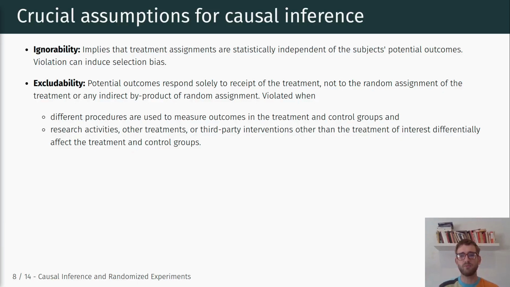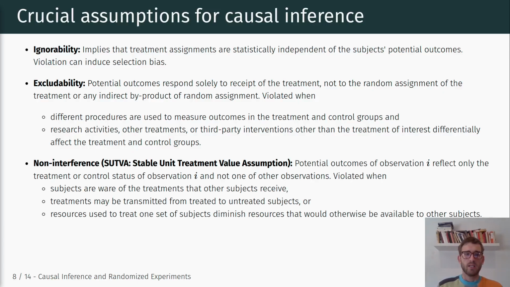Okay, so for example, if we have some experiment that we're running in a school and we assign some classes to a treatment group and some classes to a control group, and teachers are aware of the treatment assignment and not only implement the treatment, but also implement additional measures that were not part of our actual planned intervention, that would be a violation of this excludability assumption.